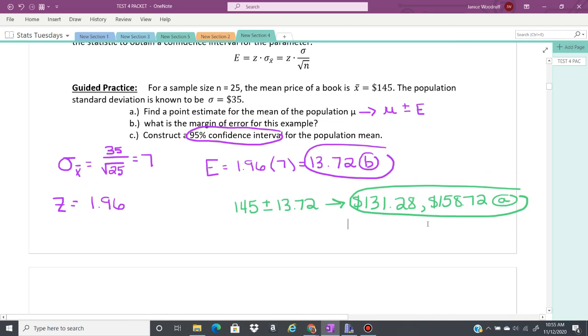And then for C, the 95% confidence interval is the same here.